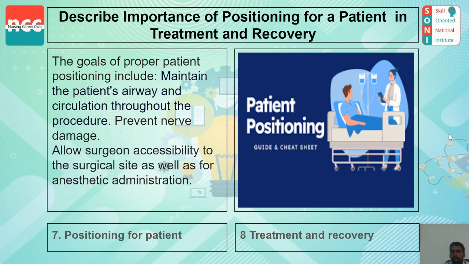So we allow a surgeon to be accessible for the surgical interaction with the patient, and a doctor uses an anesthetic for the patient for a proper surgery without any pain. This is all about positioning for patient, treatment and recovery.